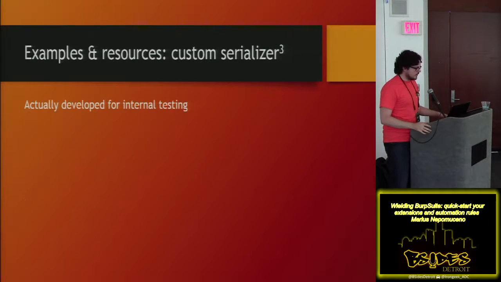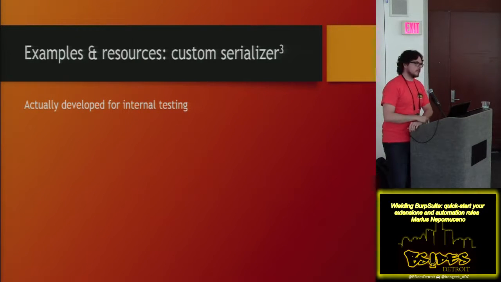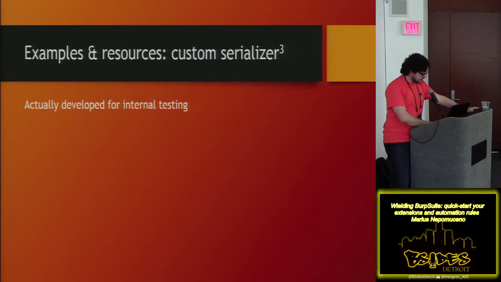Here's a more involved example. At work, I developed a BurpSuite extension to test our own custom internal serialization. Obviously I had to clean it up, but a lot of the stuff that has to do with message manipulation I was able to retain.